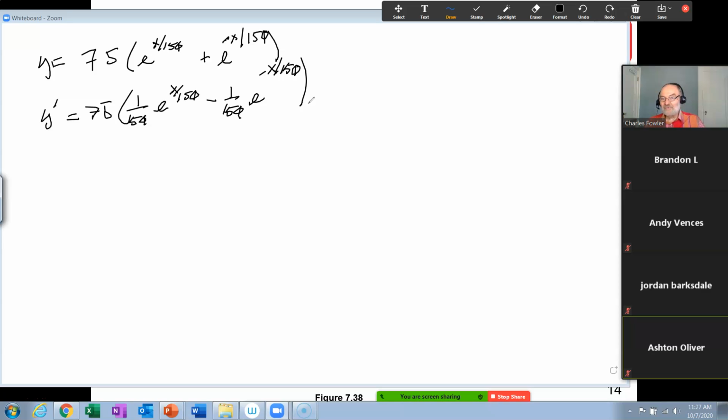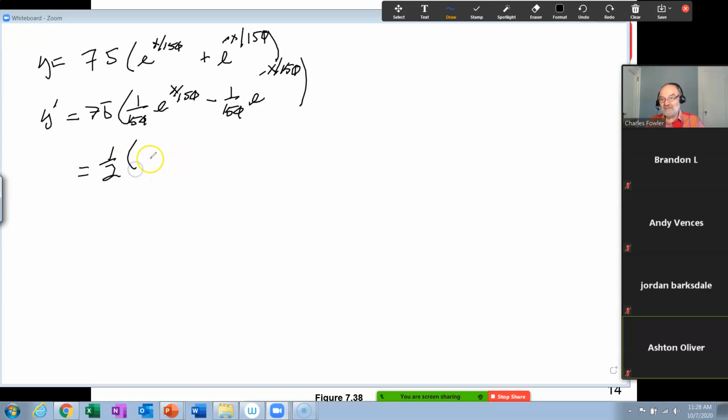What do we do with the derivative? Well, before we do anything, let's factor out the 150s. 75 happens to be exactly half of 150, so this would be a 1/2 out in front.